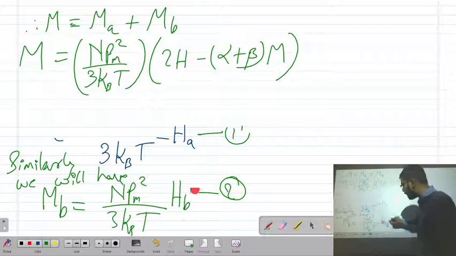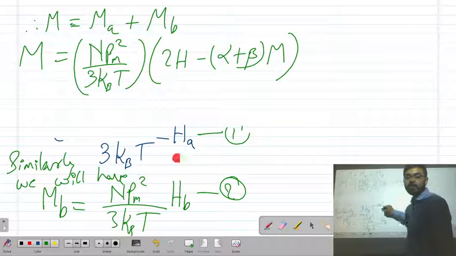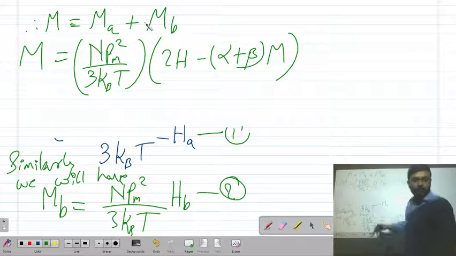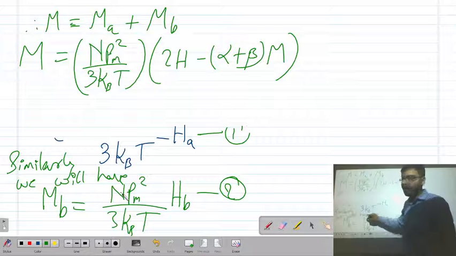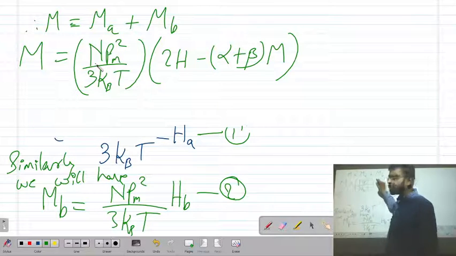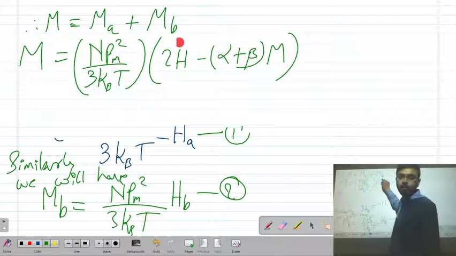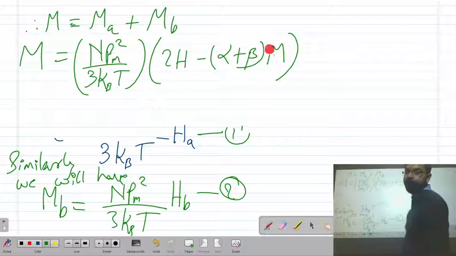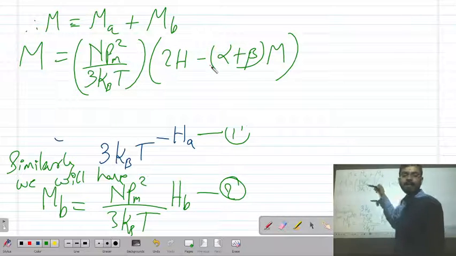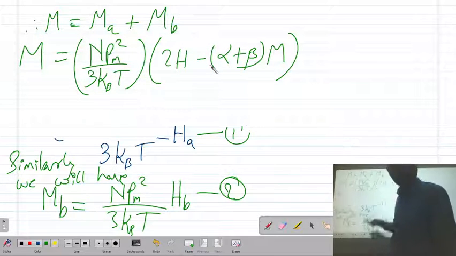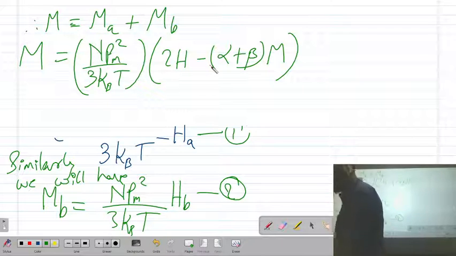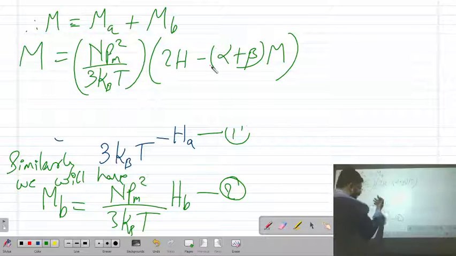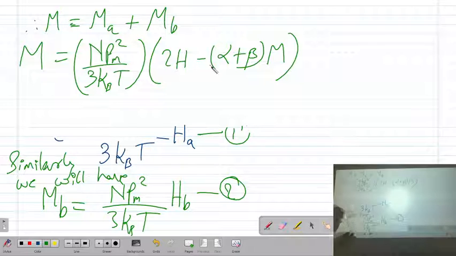I have substituted the values of H_A and H_B from the previous equation. From there, the H part is common and gives 2H, and alpha plus beta multiplies M. These are some of the internal steps which you can go through by yourself. I have obtained this directly by solving some of the steps.